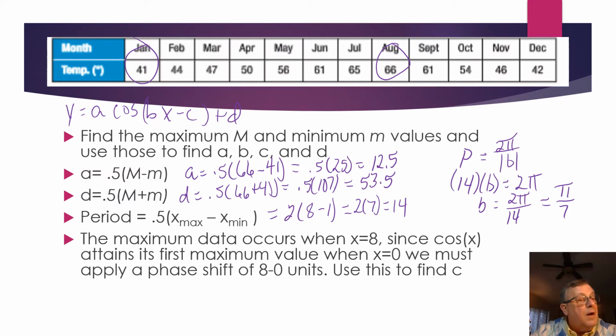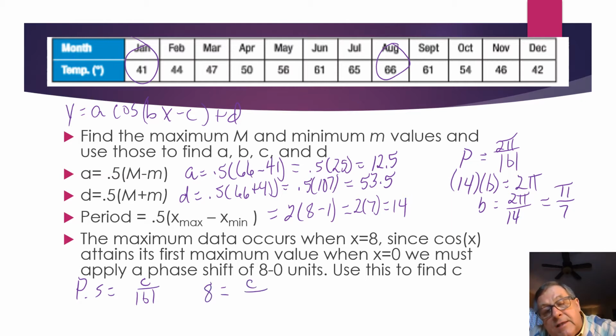Now again, our phase shift is equal to c over the absolute value of b. And so if my phase shift is 8, I can find c. So 8 is equal to c over the absolute value of b, and we found b to be pi over 7.